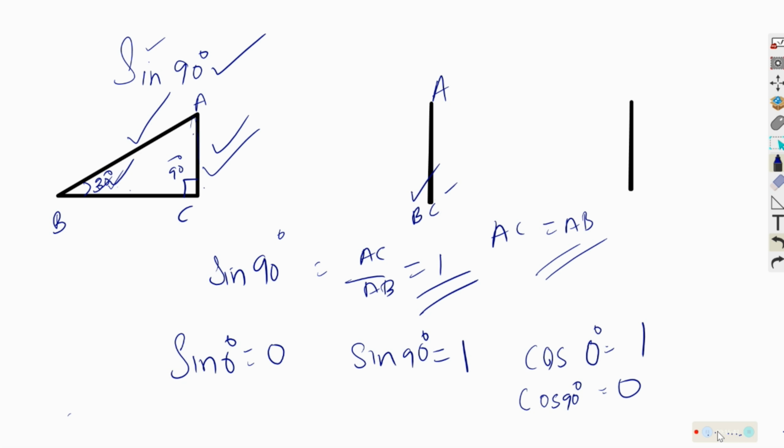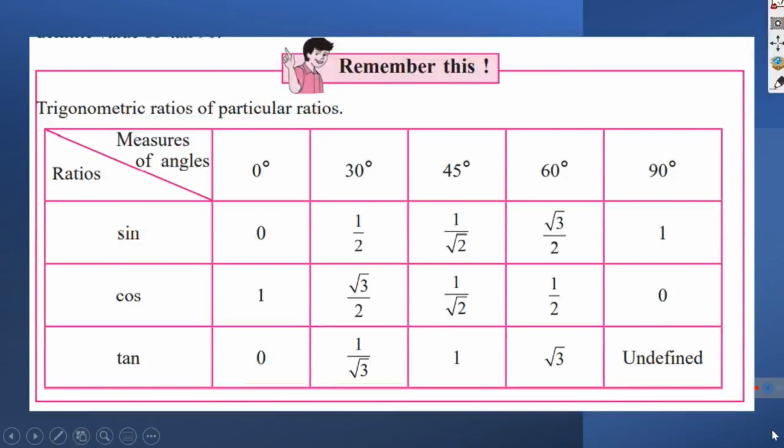The chart I will be showing you just now. Here comes the table summary of whatever trigonometric ratios you just learned. You learned about the trigonometric ratios of different angle, 0 degree, 30 degree, 45 degree, 60 degree and 90 degree just now in the video. Here is a summary of it, or a table to remember.